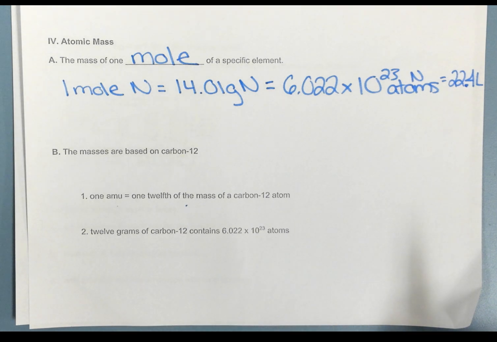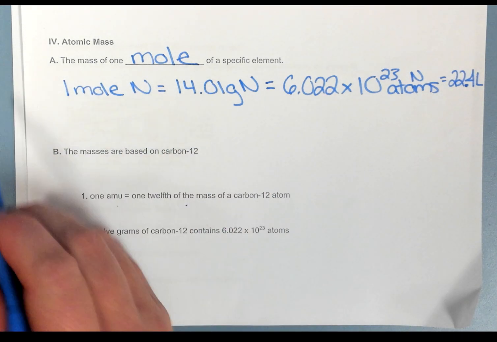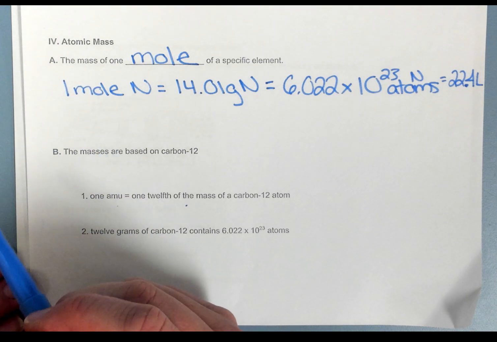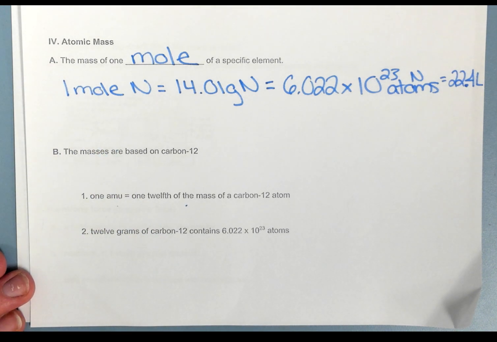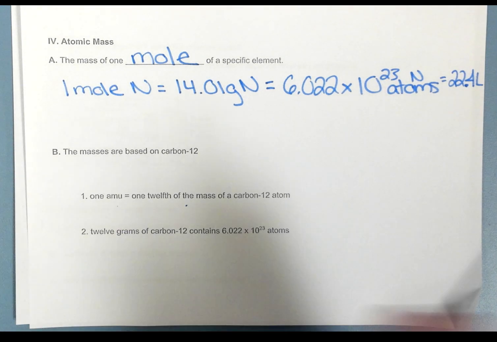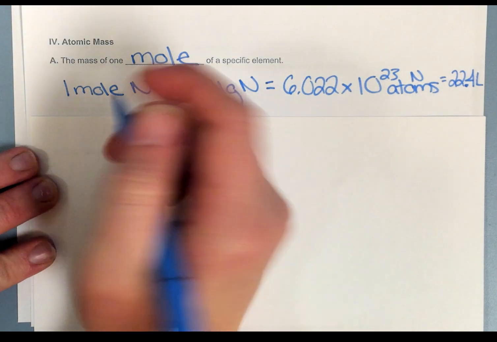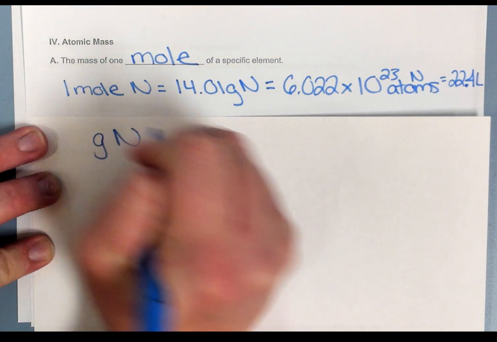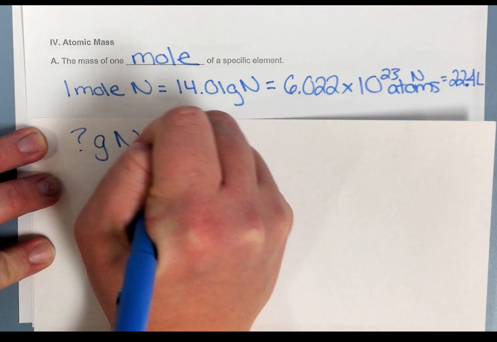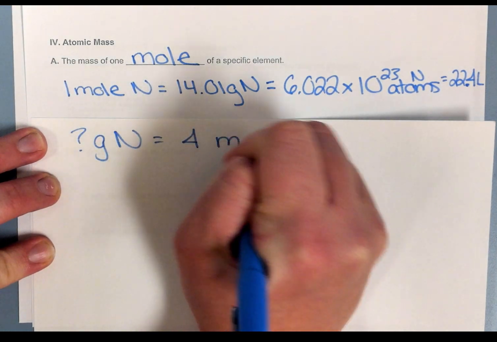Now, what do we use this for? Well, if we are doing mole conversions, I know you're all so excited to do some more dimensional analysis, okay? We might ask a question like, how many grams of nitrogen are there in 4 moles of nitrogen?